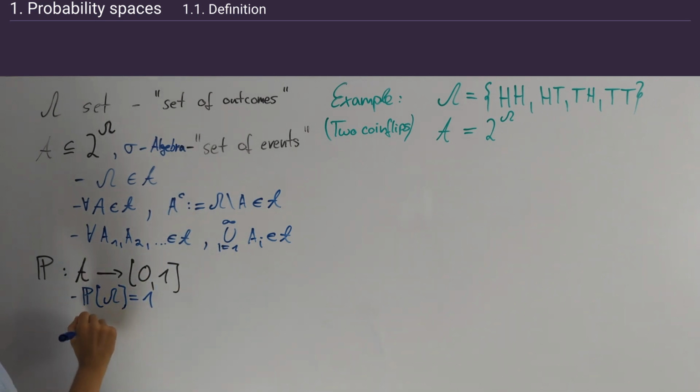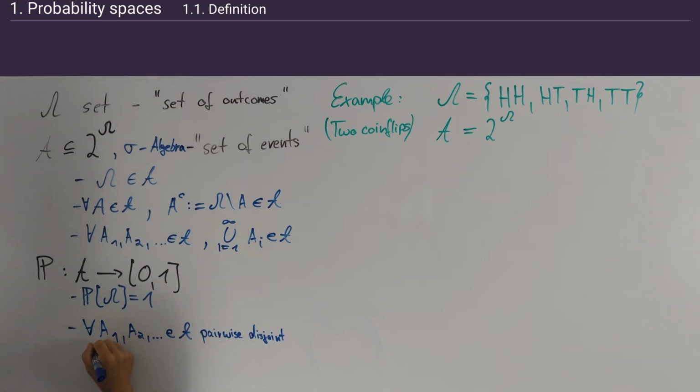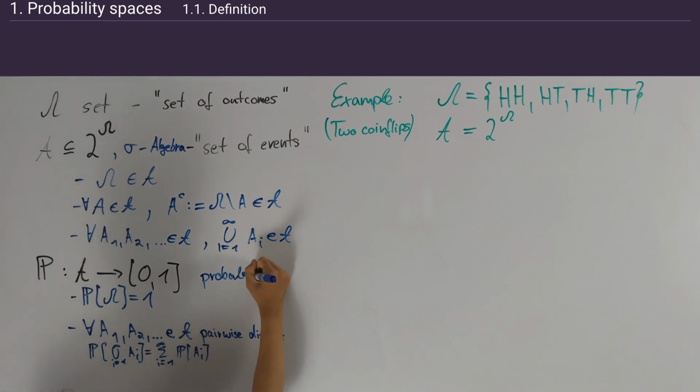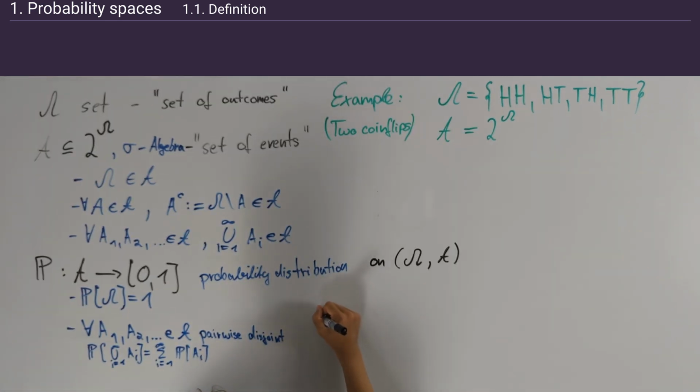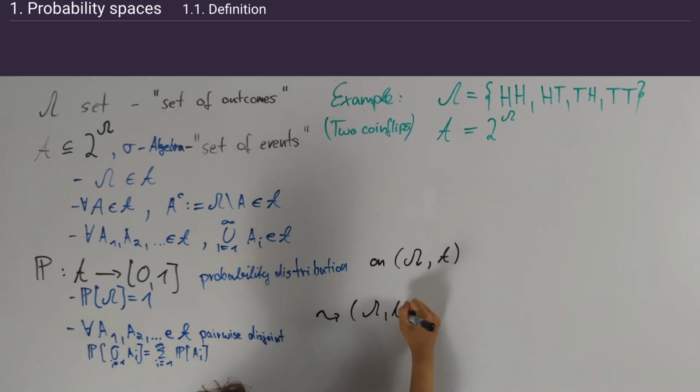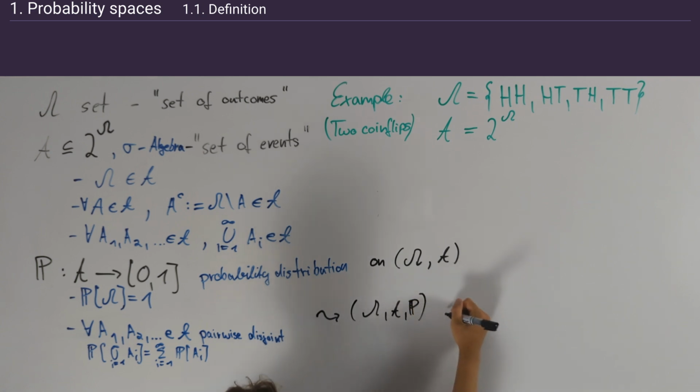This time, we only define it for pairwise disjoint A1, A2, and so on, elements of A. It makes sense that we define the probability of their union as the sum of i going from 1 to infinity of the probability of A_i. If P satisfies these two properties, then we call it a probability distribution on omega, A. Now we have finally defined a probability space, namely in this case, the triple omega, A, P is called probability space.